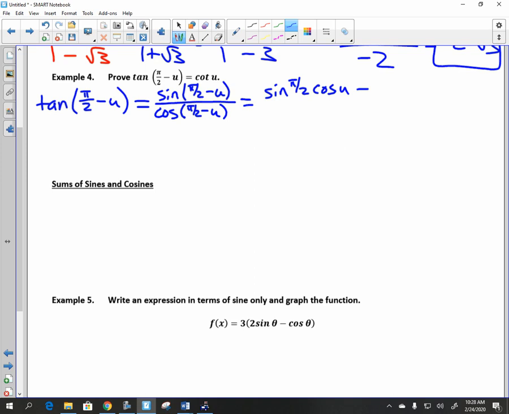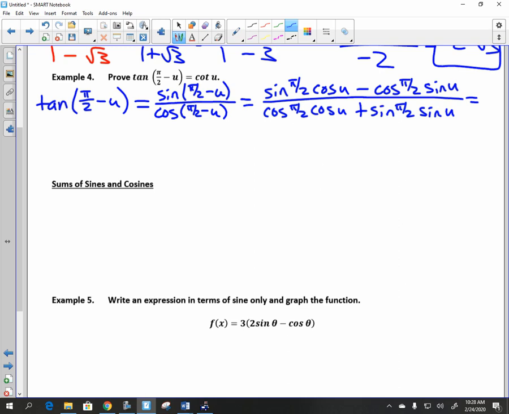Minus cosine of pi over 2 times sine of u, over cosine of pi over 2 cosine of u plus sine of pi over 2 sine of u. Everybody good with that? So I've made two statements so far. Does anybody disagree with those two statements? The rest is super, super easy.